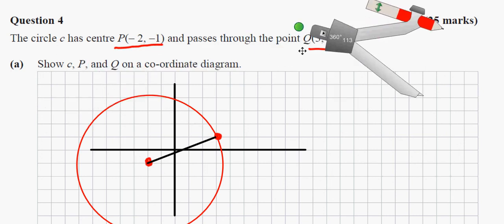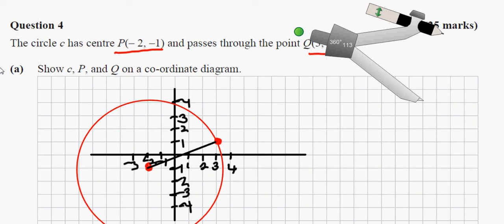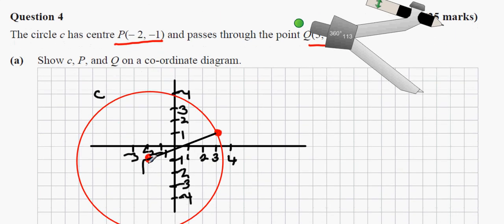So just label both axes: 1, 2, 3, 4, minus 1, minus 2, minus 3, minus 4. Okay, so there's your diagram done. Make sure you label them. This is C, this point here is P, and this one here is Q.